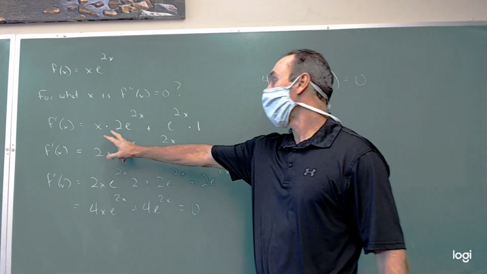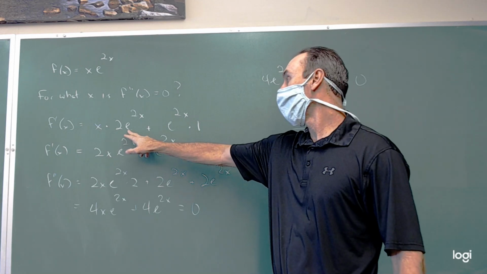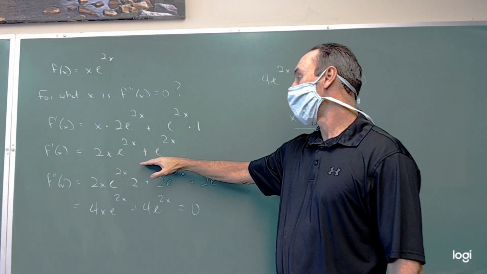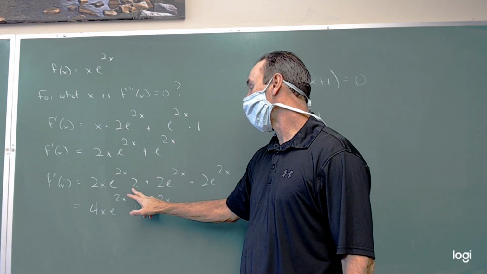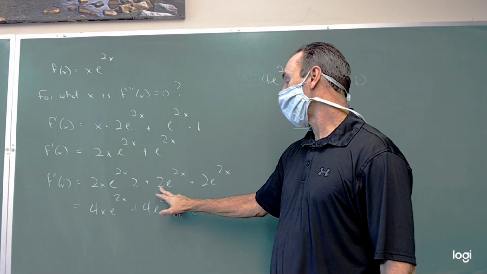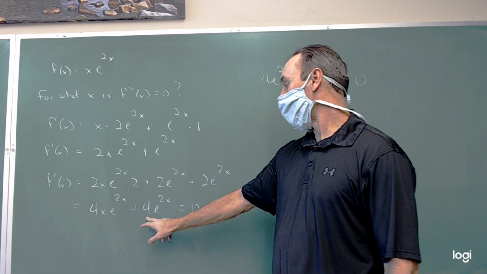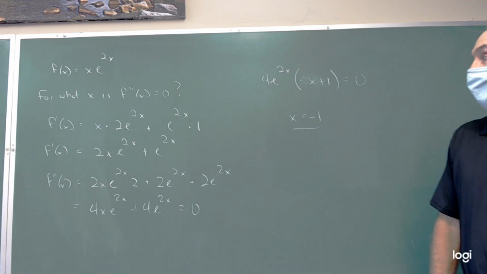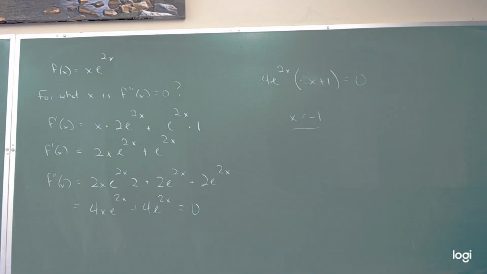This is our product rule, first times the derivative of the second, which involves a chain rule, plus the second times the derivative of the first, little cleanup. Second derivative, another product rule, first times the derivative of the second, plus the second times the derivative of the first, another chain rule. Simplify, factor, e to the 2x is never 0, so x must be, okay, I got to set it equal to 0 and solve, you're almost there. Okay.